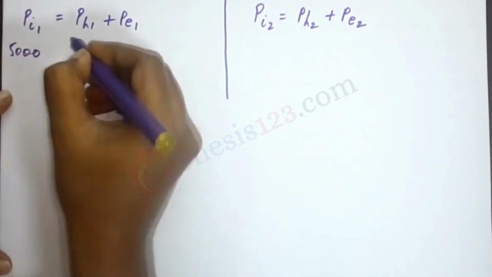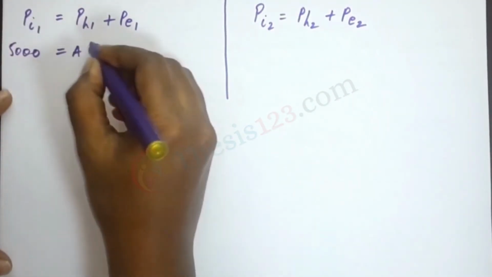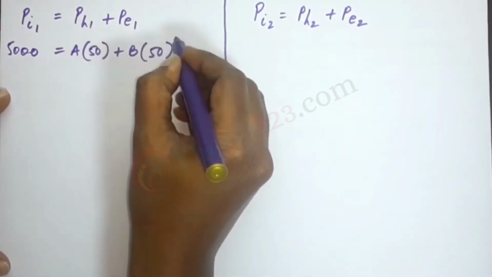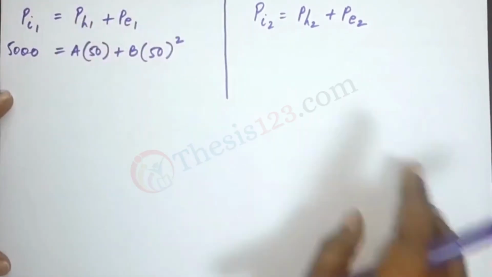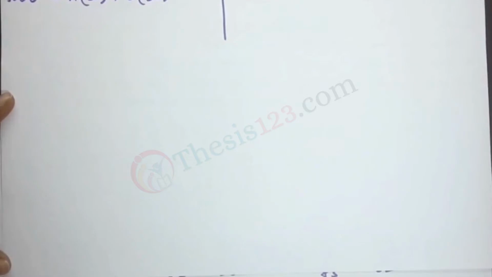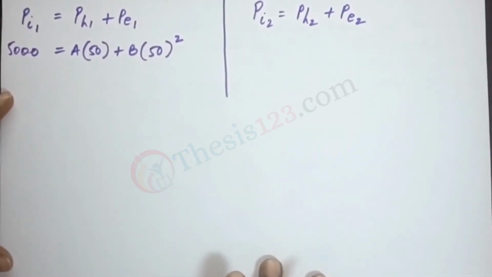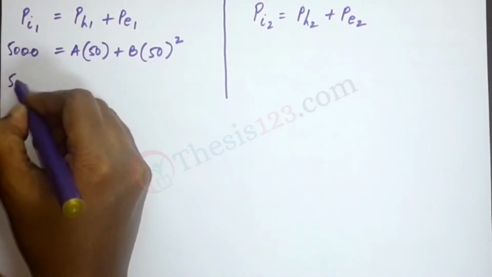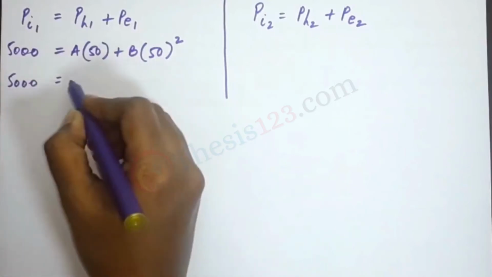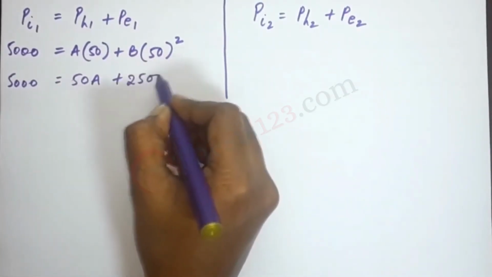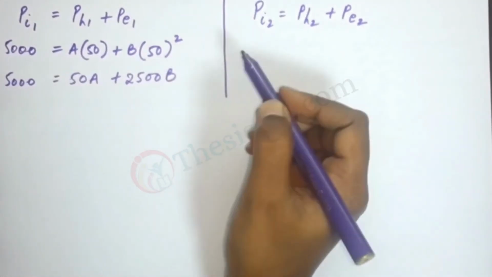We have 5000 equals A into 50 plus B into 50 square. That's because PH and PE are AF and BF square. So we have the frequency of the first case given to us as 50 Hertz. So we can substitute that over here. Now we get 5000 is equal to 50A plus 2500B.